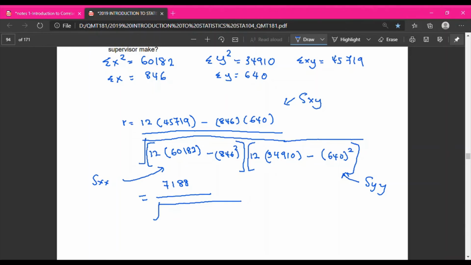Okay, so SXX will be 6468. Okay, multiply with, find SYY, 9320.